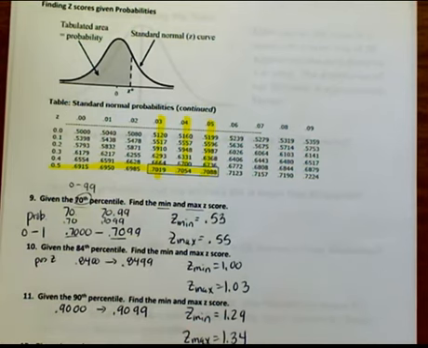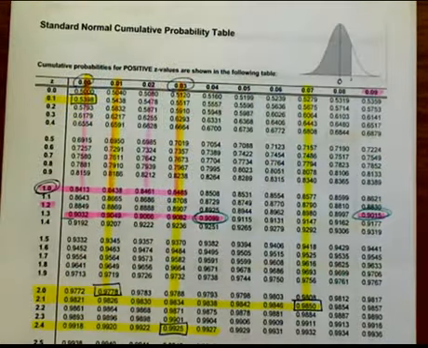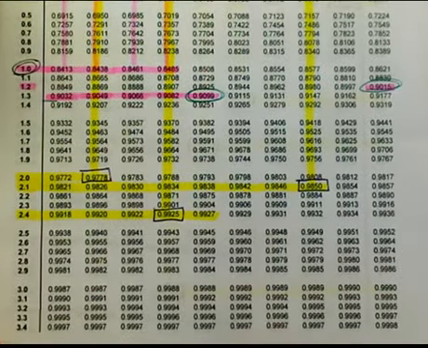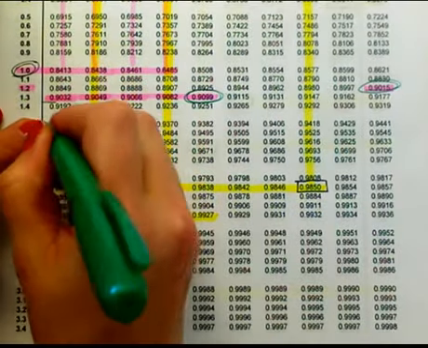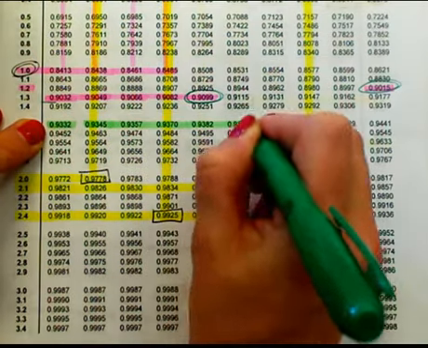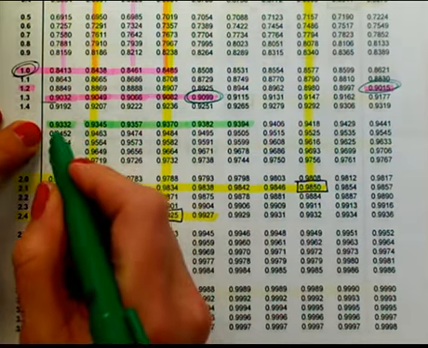Okay, 93rd. Switch colors, make it a little easier to see. 93. Here's a 93. I'm going to scan backwards.